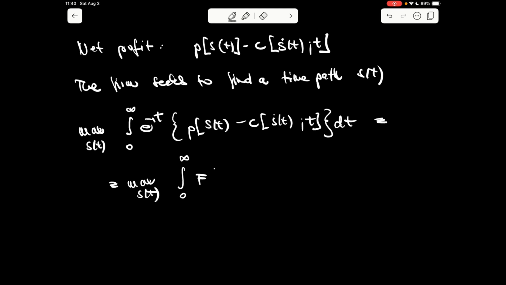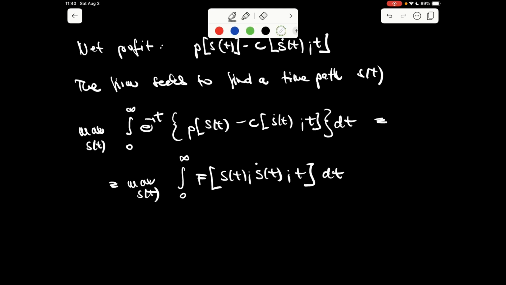We are maximizing a function f with three variables: capital stock, the change in capital stock, and time. So this is the objective of the firm.